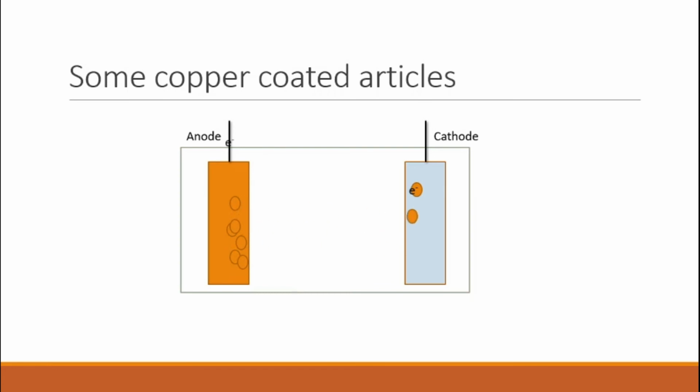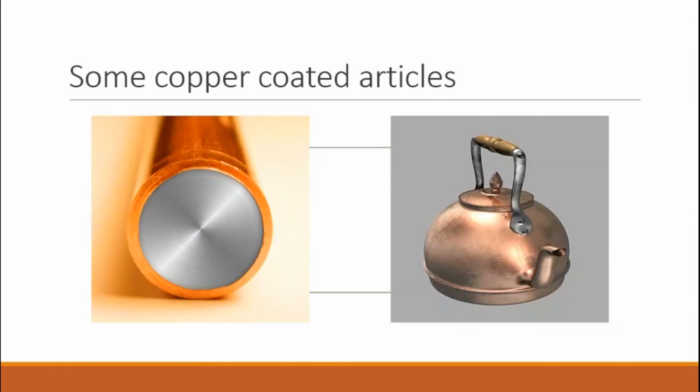And by that process, there will be continuous deposition of copper on the substrate, and the substrate is now completely covered with copper. Here are two images that show you what happens when this is carried out.